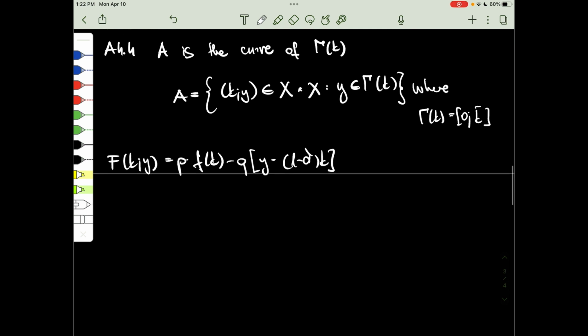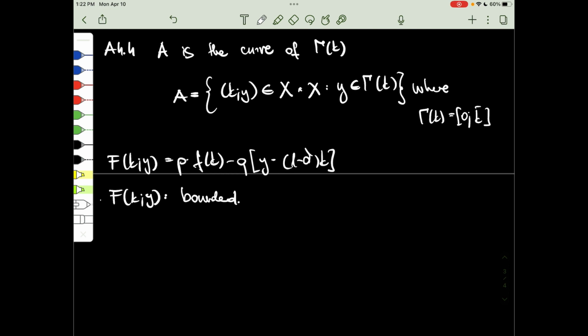As all the intervals are closed and compact, we can conclude that the one period return function is bounded.